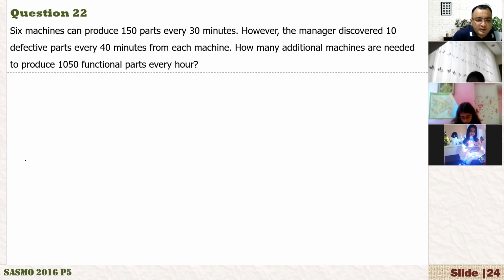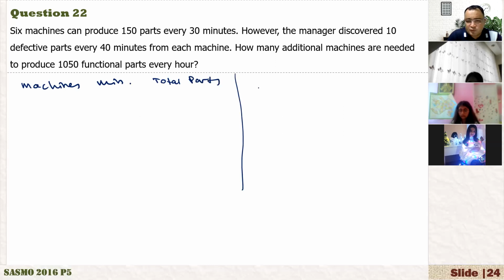So here, let me just write. In the first table, we have machines, minutes, and total parts, because first we don't know the total. In the second, we have machines, minutes, and defective parts.